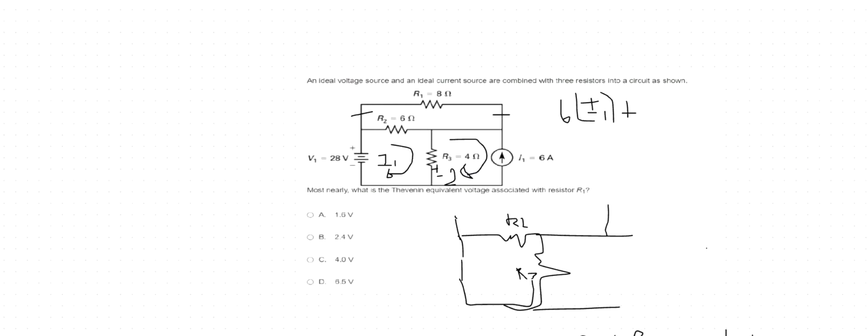What's the 4? 4 ohms times I1 minus I2 equals 0.